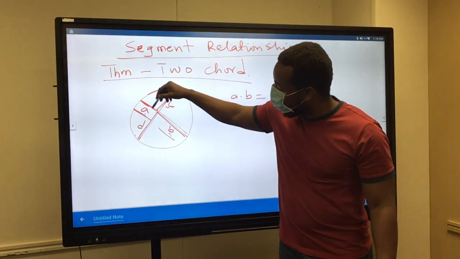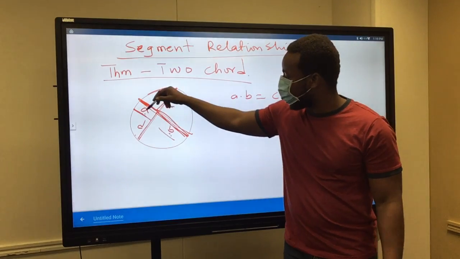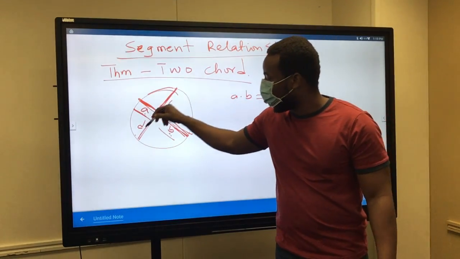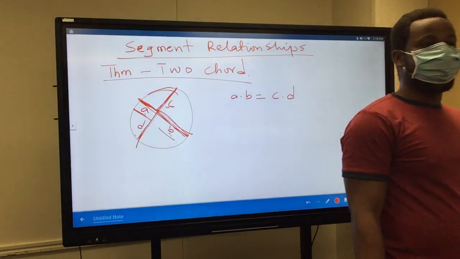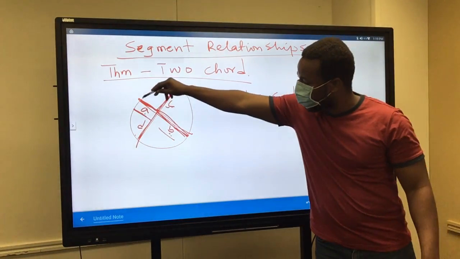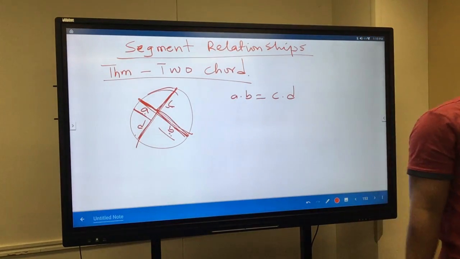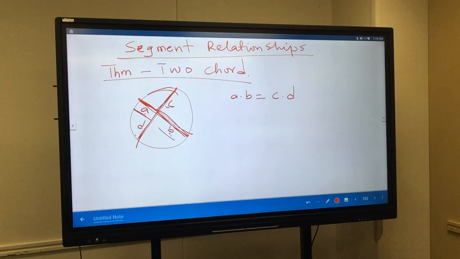To find one of the lengths, A times B is equal to C times D, multiplying across on the line. Pretty simple, straightforward.